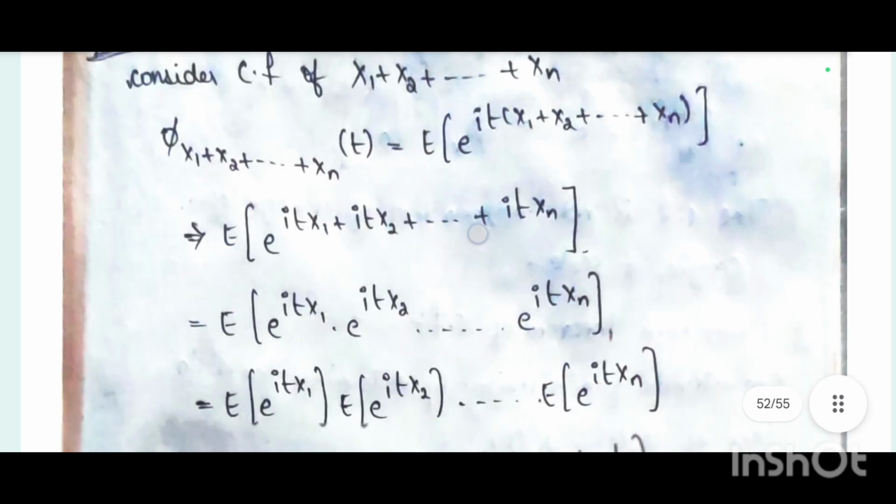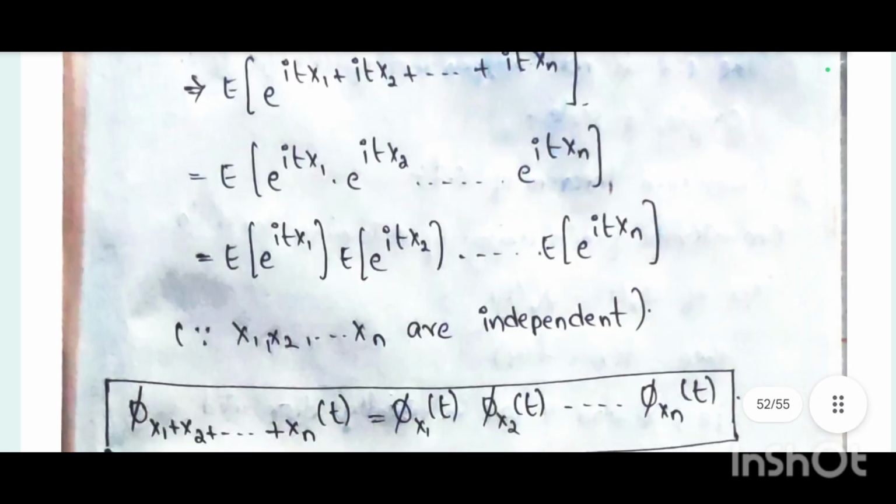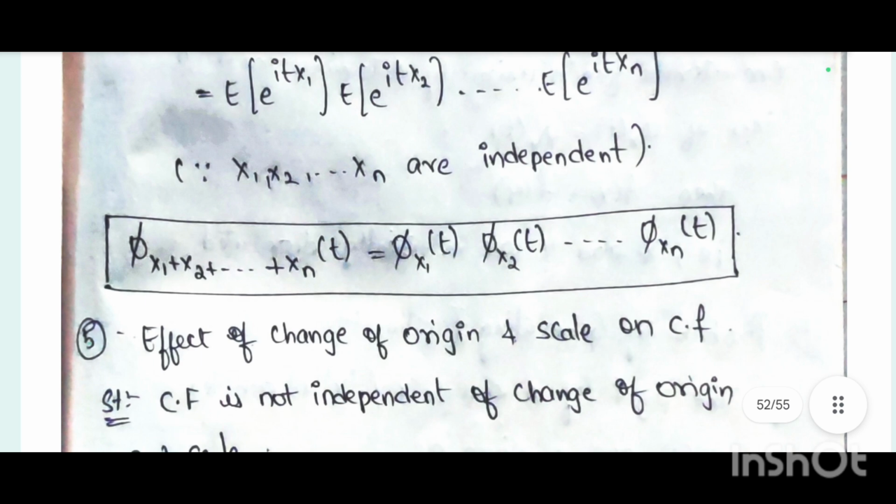So as you can see, e to the power of itx1 into e to the power of itx2 into and so on e to the power of itxn. x1, x2, x3 and so on xn are independent. So when they are independent, we already have this formula: phi x1 of t into phi x2 of t and so on phi xn of t.